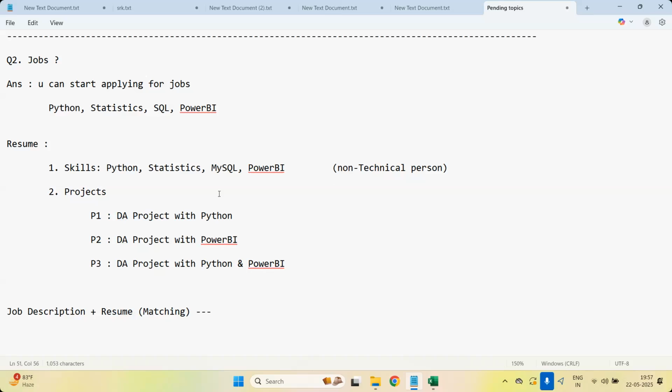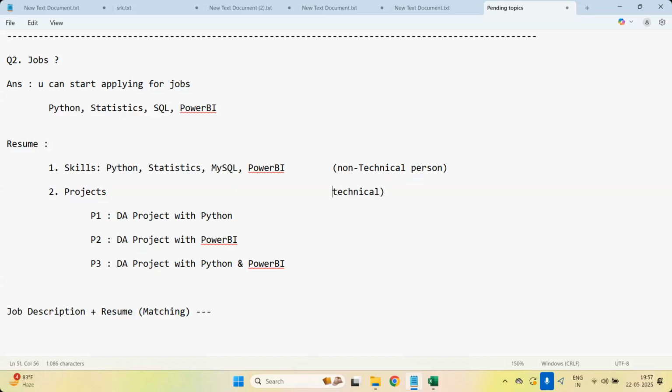Because mine is a startup company where 2 persons are only working. Mine is a very small Lilliput company. Okay, basic company. So obviously everything is me only. But if I share the same thing to Infosys, it is an MNC company. Obviously it will be different. The non-technical people will be there, technical people will be separate.